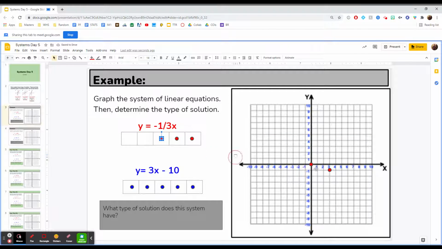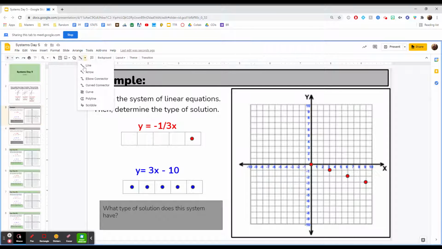And I'm gonna do it again. From this new point, I'm gonna go down 1 on the y, over to the right 3 on the x. 1, 2, 3. And then one more time, down 1, over 3 to the right. And that's about it. Now remember to always grab your line from the line tool section.